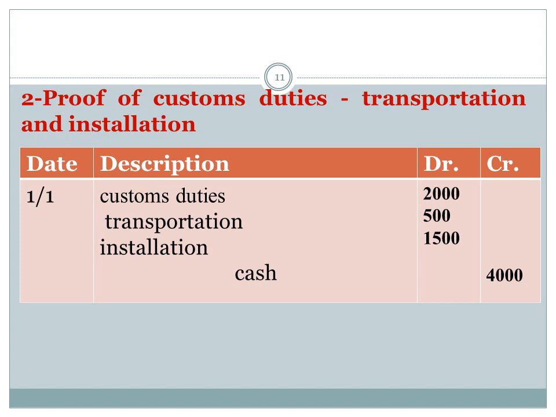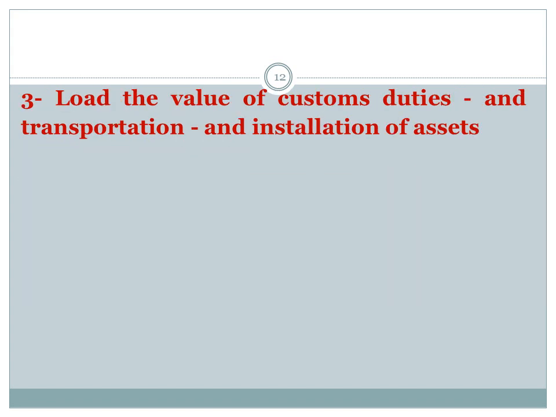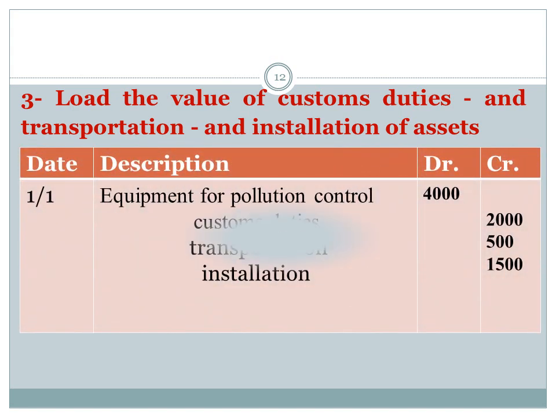Second stage, these expenses should be loaded to our asset. So asset is increased, these expenses will be closed in our asset, as follows: load the value of customs duties, transportation and installation to the asset. Asset will be in the debit side because the asset increases.